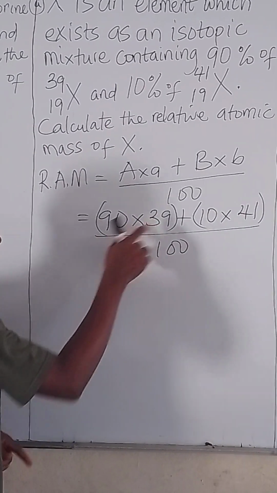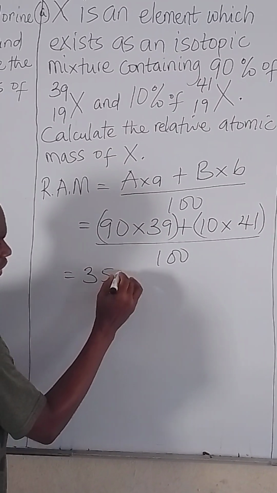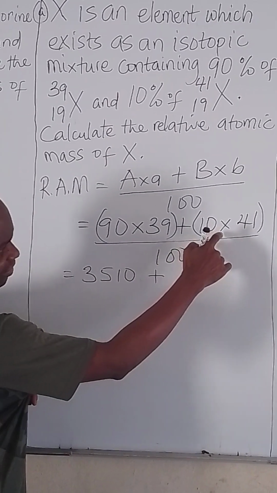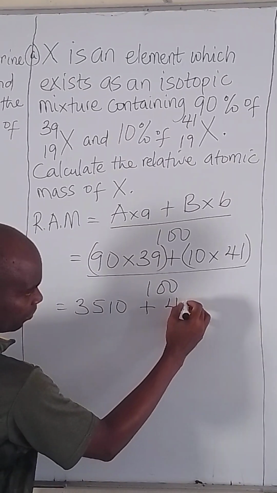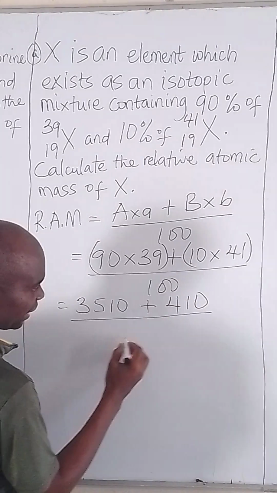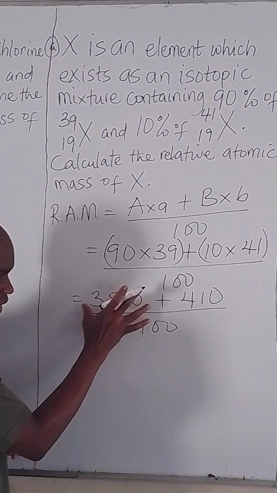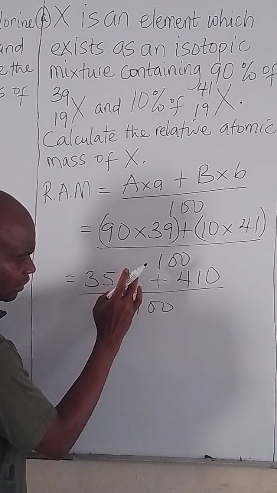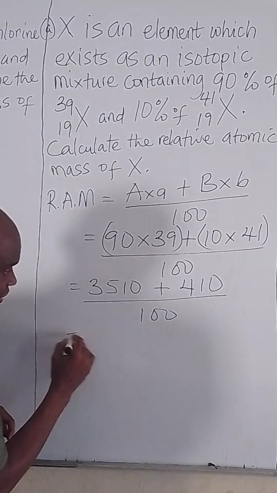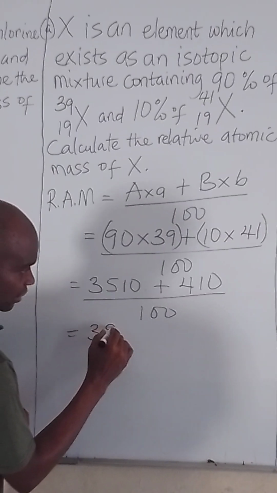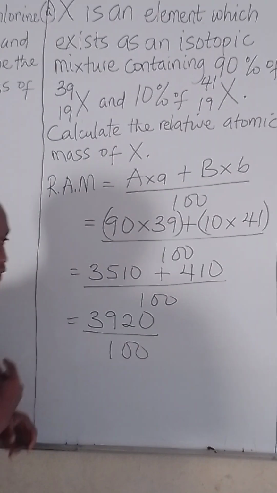Alright, 90 times 39 will give us 3,510 plus 10 times 41 giving us 410. Divide by 100. If we add 3,510 to 410, that will give us 3,920 divided by 100.